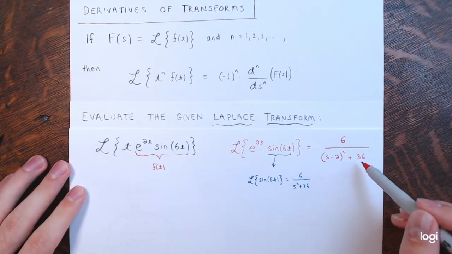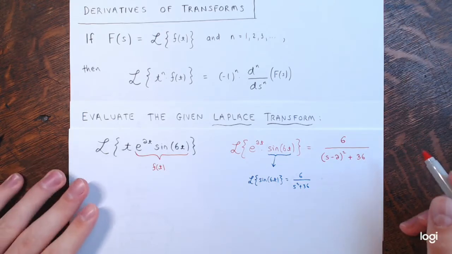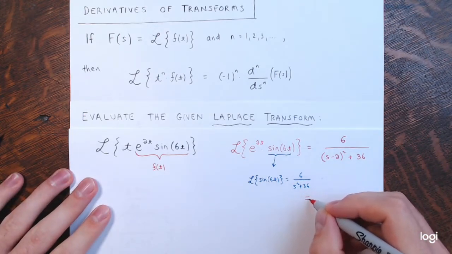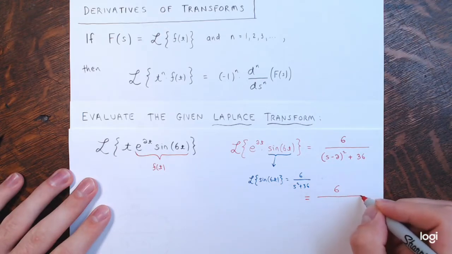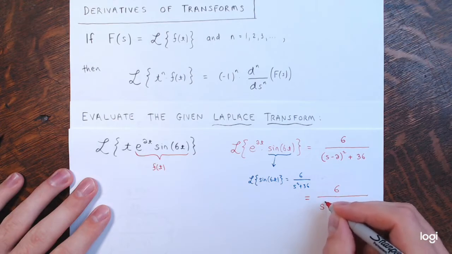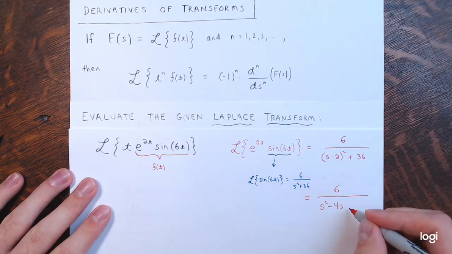Alright, and I guess if you want to multiply this out, you can. So this would be 6 divided by s squared minus 4s plus 40.